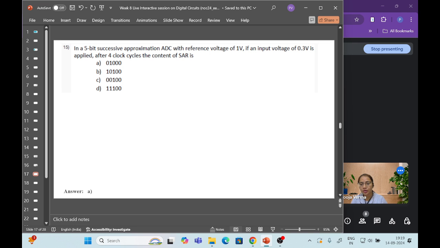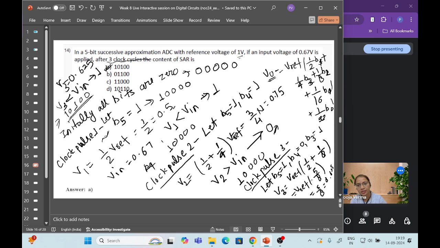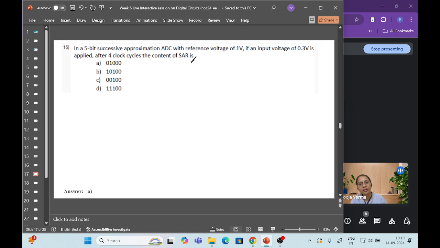So next question is, in a 5-bit successive approximation ADC with reference voltage of 1 volt, if an input voltage of 0.3 volt is applied, after 4 clock pulses the content of the SAR is? So it is the same question as the previous one. It is also 5-bit successive approximation, and the reference voltage is the same, but the input voltage is given as 0.3 volt.